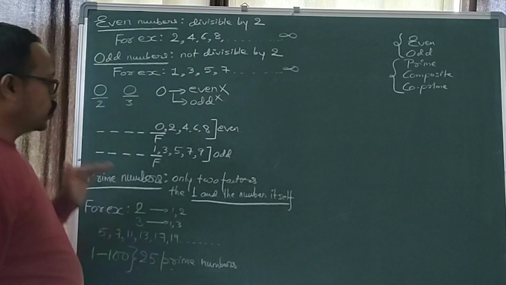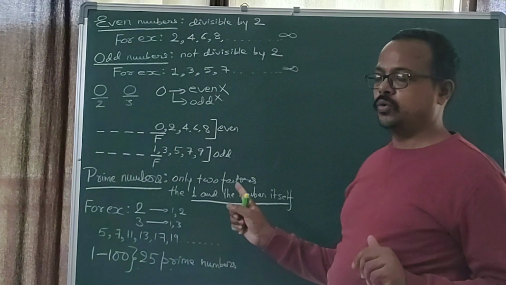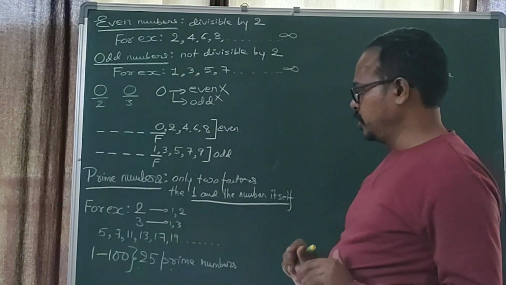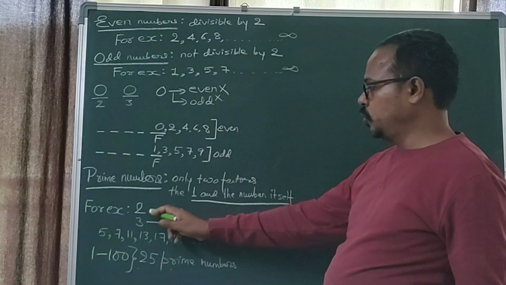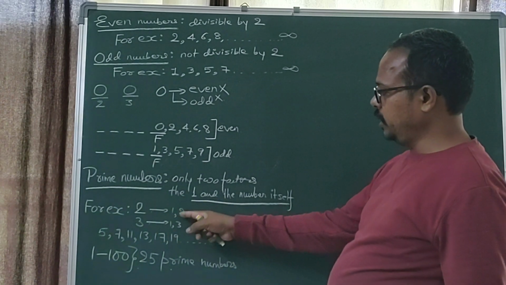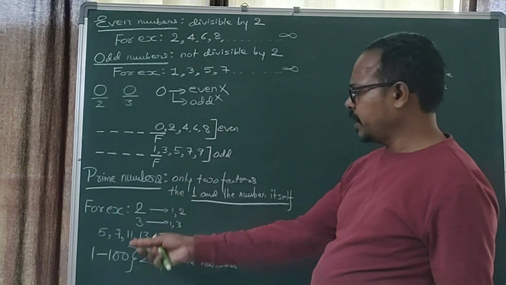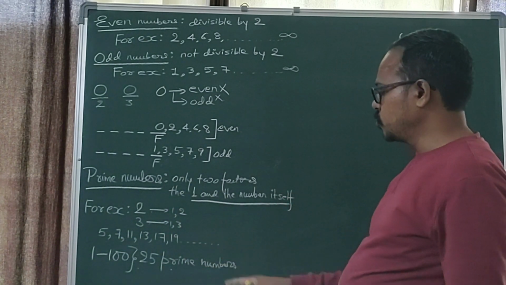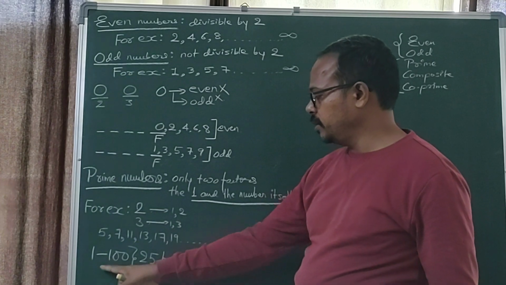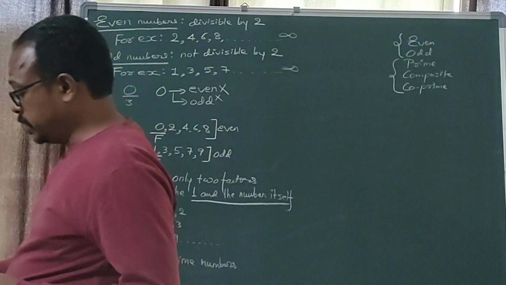And prime numbers are those numbers which have only two factors, that is, 1 and the number itself. So what is the smallest prime number? 2, then followed by 3, because both of them have only two factors, 1 and the number itself. Similarly, these are also prime numbers. So how many prime numbers exist between 1 to 100? 25 prime numbers. Right?